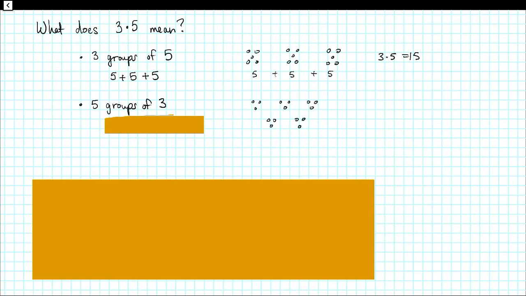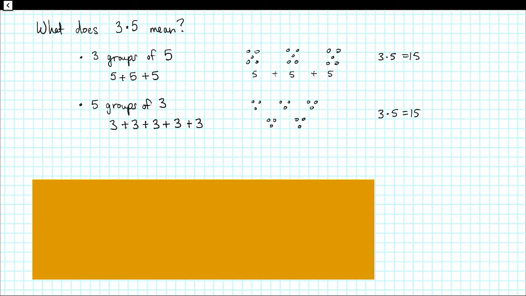And so there's 3, 6, 9, 12, 15. We still get 15 if we think about 3 times 5 as 5 groups of 3. And when we talk about 5 groups of 3, that's really adding up 3 plus 3 plus 3 plus 3 plus 3.